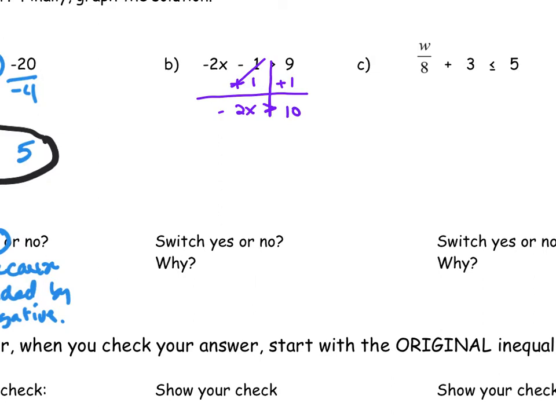And then I'm going to divide by -2 on both sides, leaving x, and 10 divided by -2 is -5. So should we switch the sign, yes or no? And then why? Well, we do want to switch the sign because we divided by a negative. So yes, because we divided by a negative.